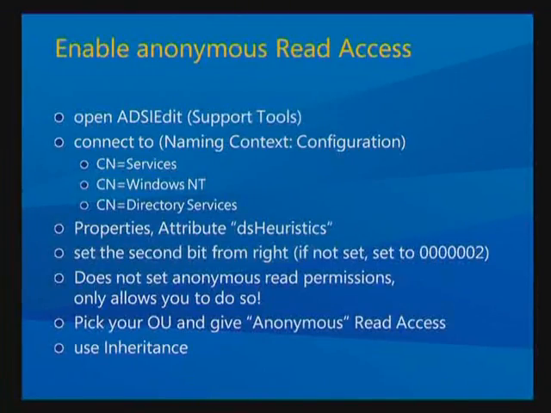It's a very easy way to find. You go to ADSI Edit, which comes with the support tools. That's the Active Directory geek version of Active Directory Users and Computers. You go to the Configuration context, Services, Windows NT, Directory Service, and there you find the property dSHeuristics.